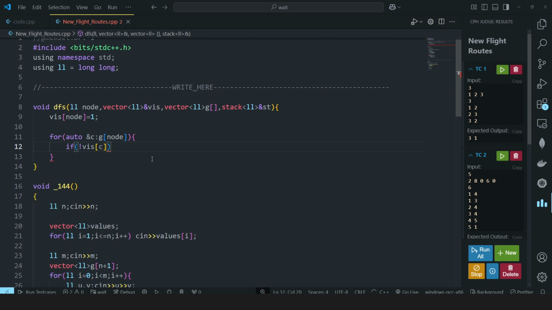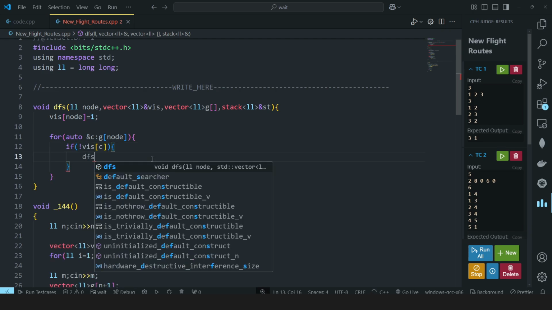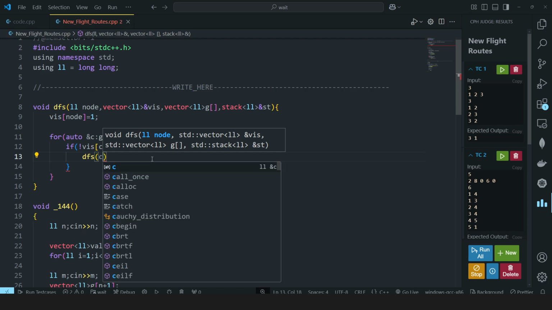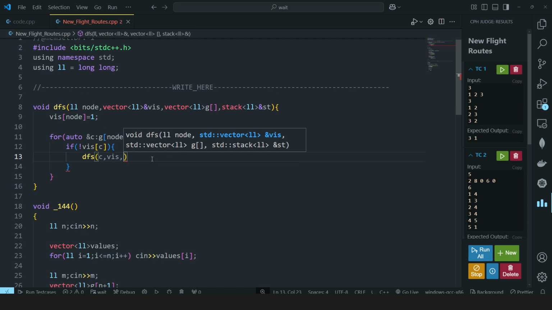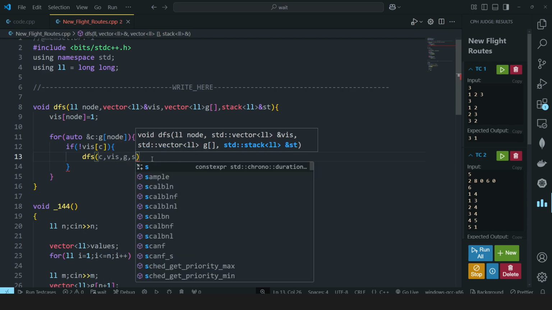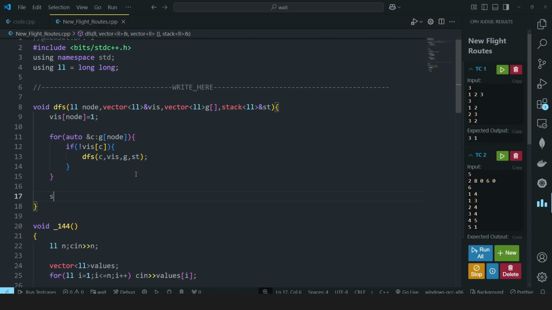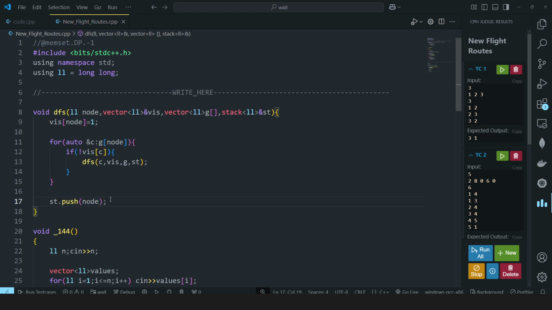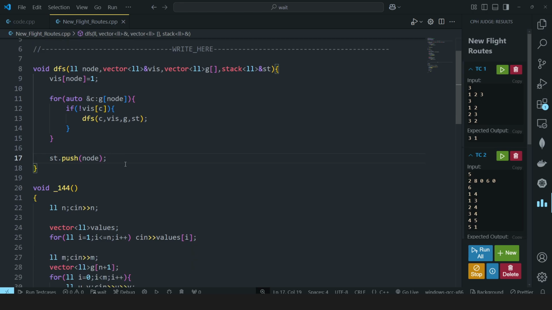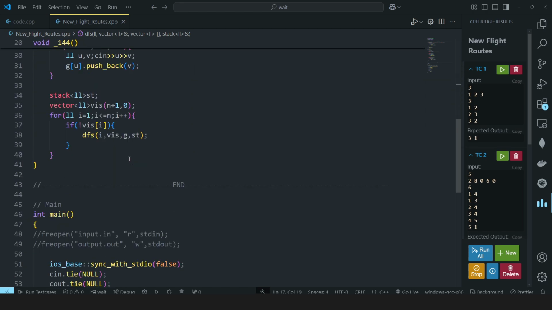If it is not visited, then I will again call the DFS function with this child as the node, and the visited array, g, and stack remain the same. After doing this, the main objective of the DFS function is to store the node while backtracking. So I will say st.push this node. In this way I have written the complete DFS function, and this will store the nodes in the stack according to their end time.